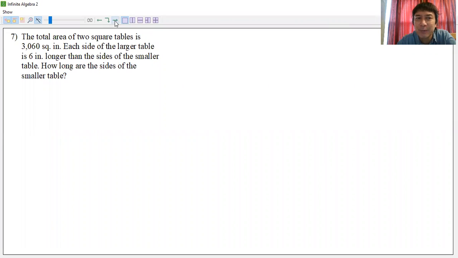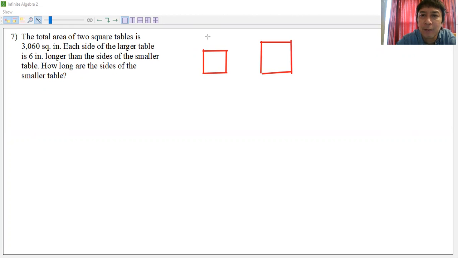All right, so we shall describe the problem starting with the size of the smaller table. So if we're going to draw the tables, we shall try to just draw a smaller one, okay? All right, just draw a smaller square table, and then we will have to draw a bigger table beside it, like that. Okay, assume these are squares, square tables. All right, does it look like a square?